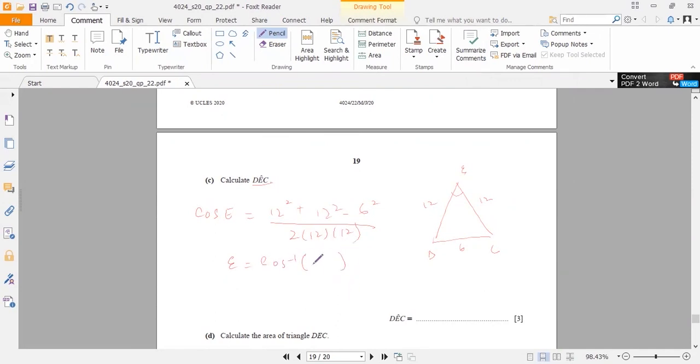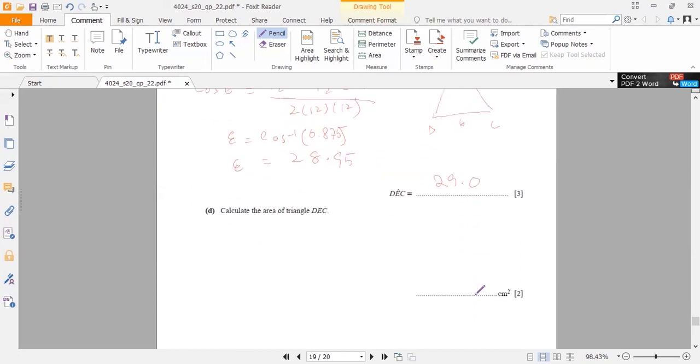After solving this, we will get 0.875 and the angle will be 28.95. If we convert this angle to 3 significant figures, it will be 29.0. Now come to part D. We need to find the area of triangle DEC.